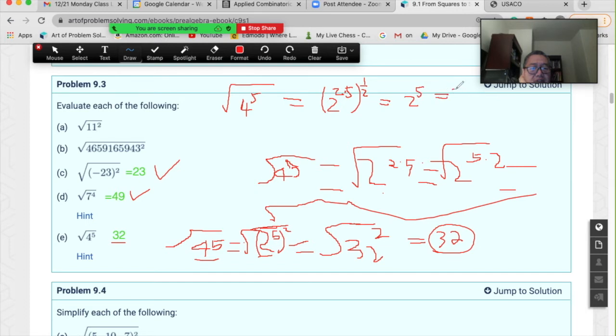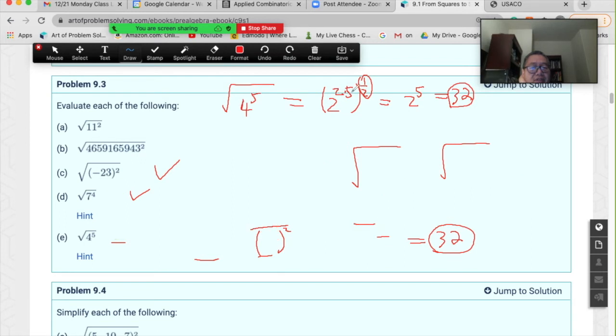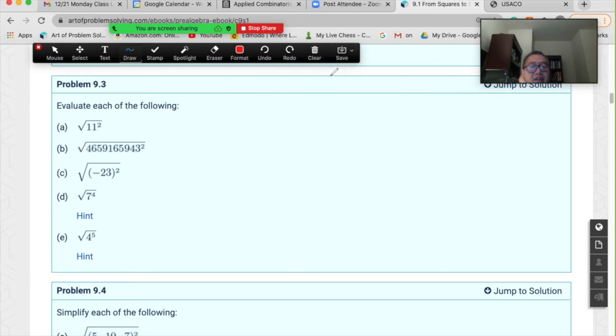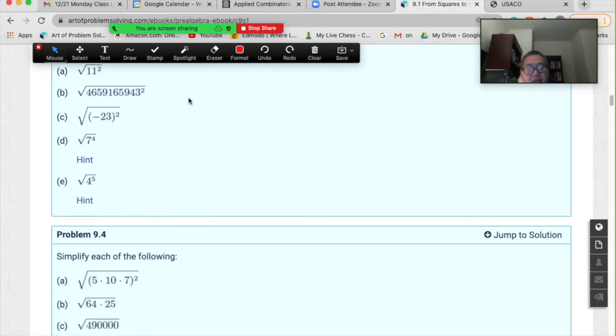So this one also equals 32. Square root is power 1/2. Then 4 is 2 to the power 2, then power 5. So these two powers multiply together. 10 times 1/2 gives you a 5. So 2 to the power 5 equals 32. Okay? Now let's go to 9.4.